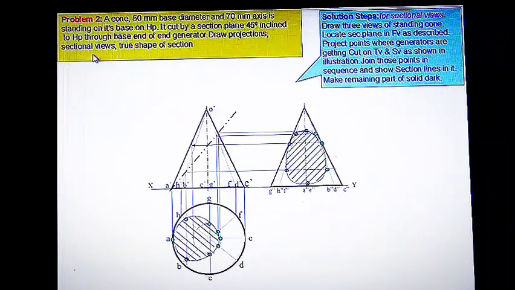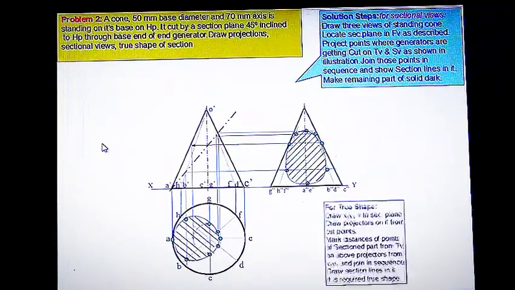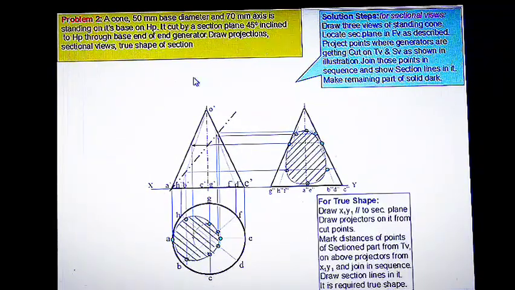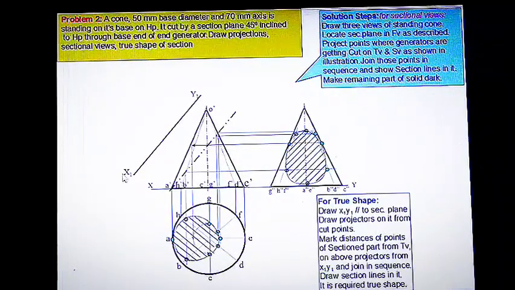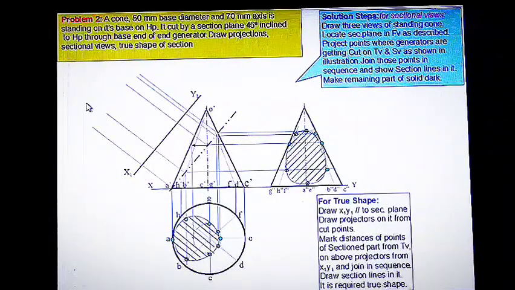Now in the question we can see the true shape is also asked. So see, similar to the previous problem, we can draw a line which is parallel to this cutting plane at a convenient distance and mark that one as x1, y1. To this particular x1, y1 line, we can draw the projectors, perpendicular projectors from this intersecting points like this.